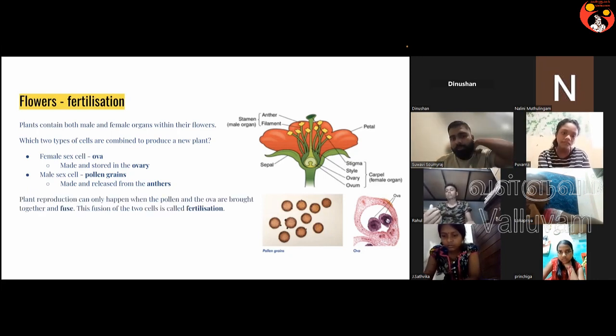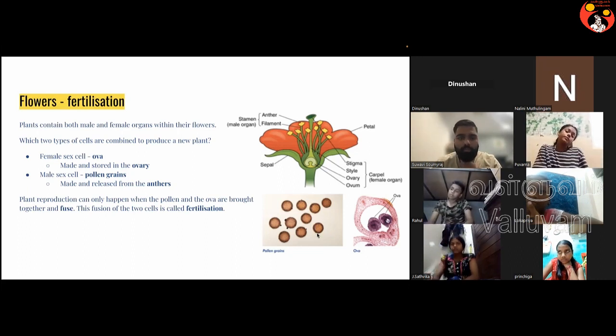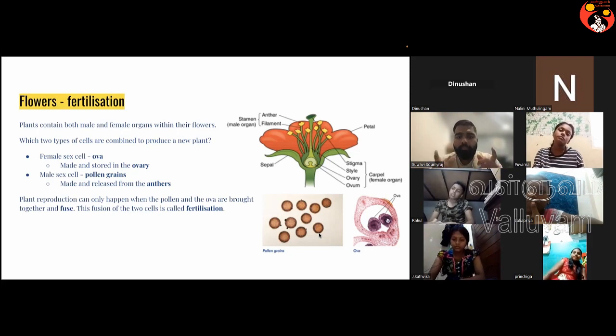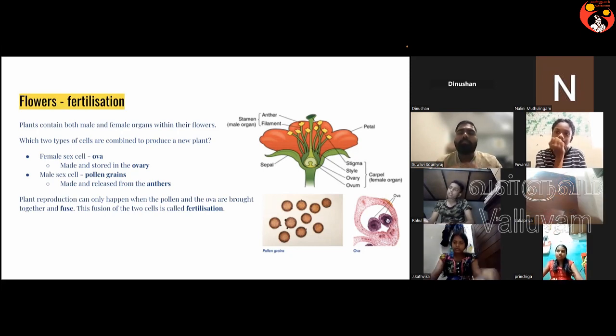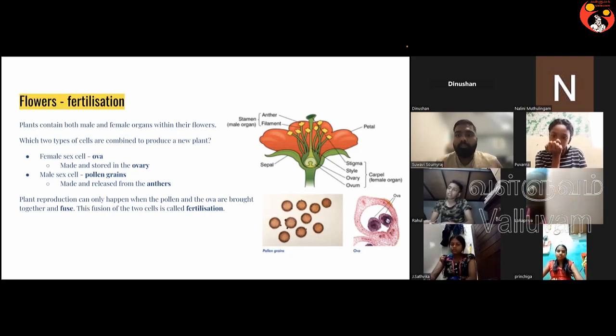Now, plant reproduction can only happen when the pollen and the ova, these two things, are brought together and fused. The fusion of those two cells is called fertilization. And that's what initiates the reproductive process in plants for them to be able to multiply.